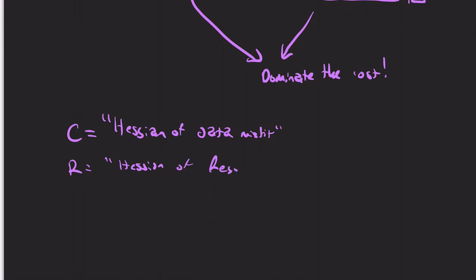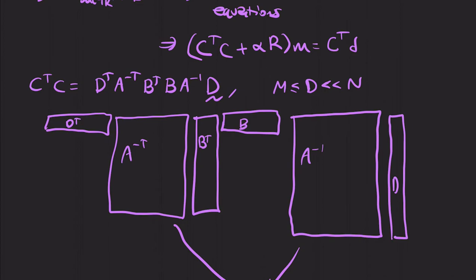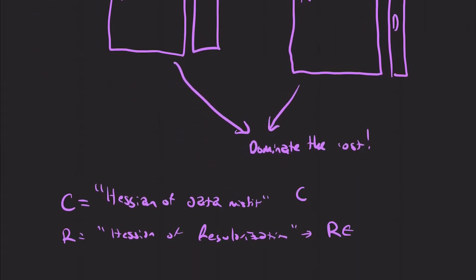One thing I forgot to mention is that C is in R^(D by M), and so C transpose C is in R^(M by M).